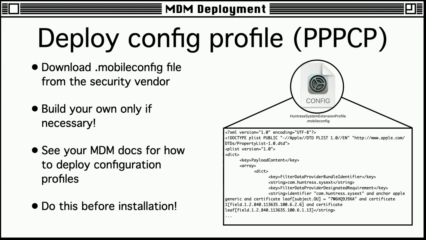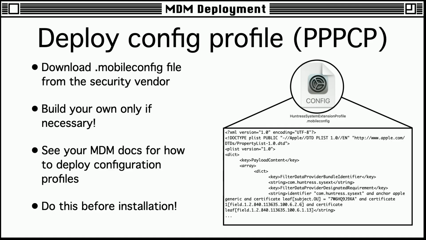But it's essentially a .mobileconfig file, which is a fancy plist file. You can see here a little excerpt from it. It's just like any other plist, which is XML. And your security vendor, whoever that is, should be able to provide you one of these that has all the necessary things in it to get their software working correctly.